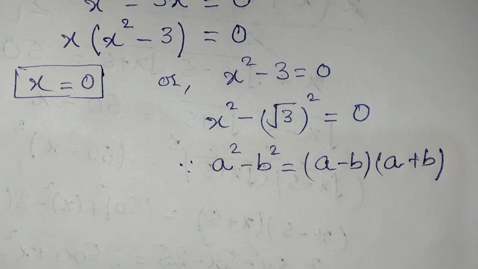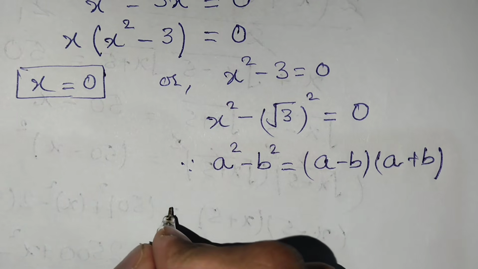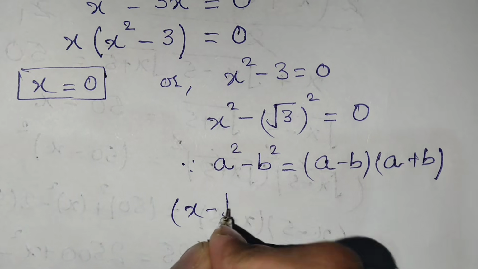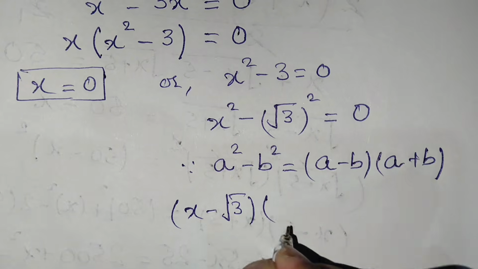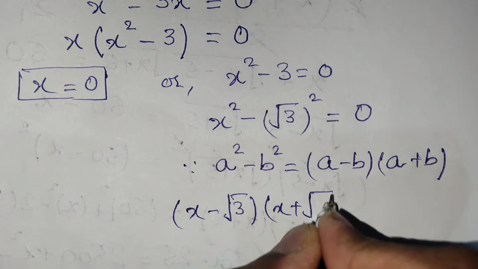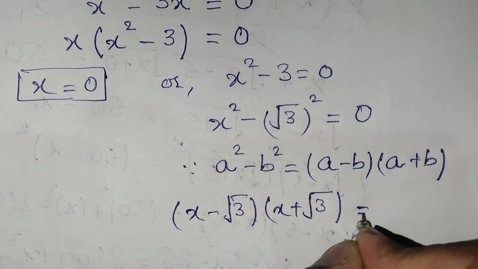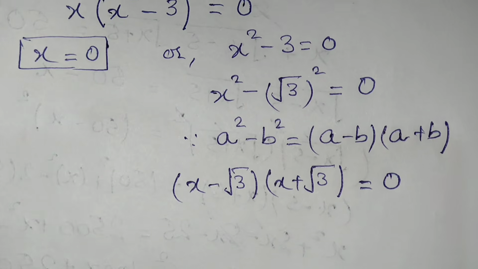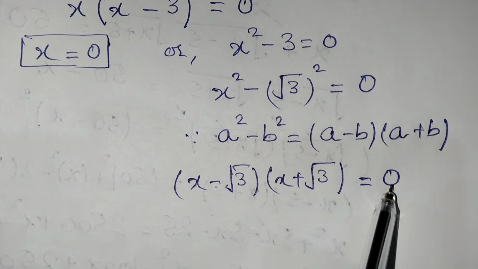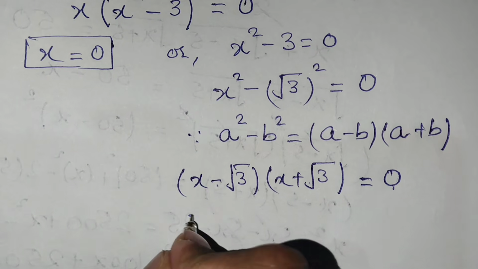So it will be x minus square root of 3 times x plus square root of 3 is equal to 0. Either this will be equal to 0 or this will be equal to 0.